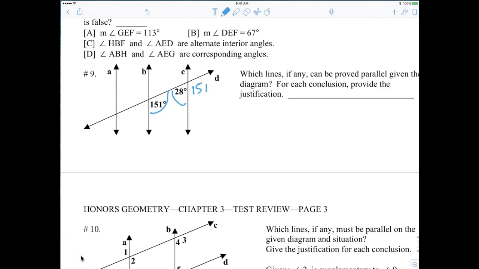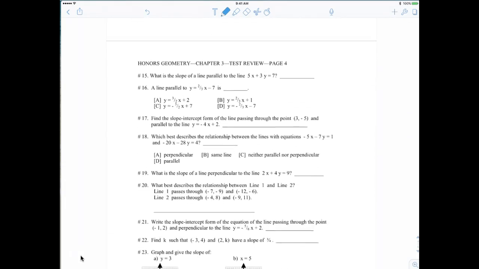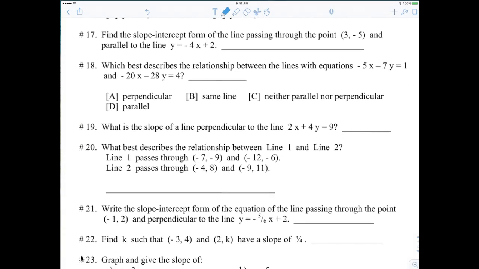Yes, sir. 18. All right, let's take a look at 18 real quick. I don't mind scrolling up and down. Which best describes the relation between the lines, right? So, in my opinion right here, if you multiply by 4, you end up with exactly the same line, right?